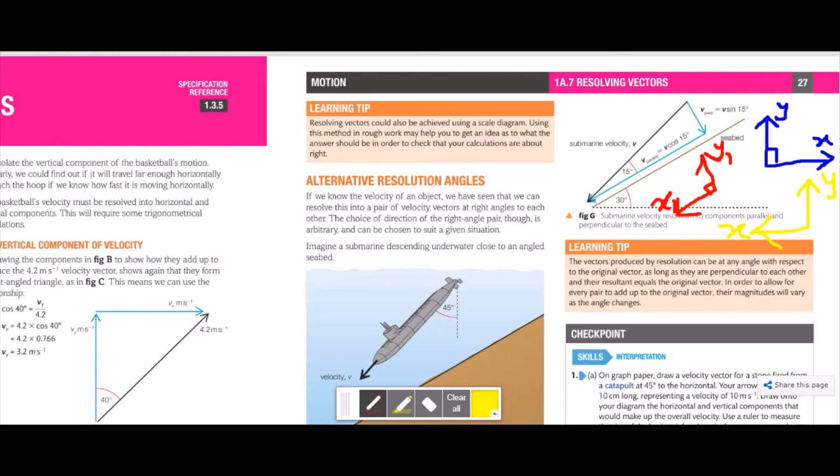However, the signs will be different for the x-axis, because with the blue axis, the positive direction is to the right, and for the yellow axis, the positive direction is chosen to be to the left. So what I'm trying to say here is, it really doesn't matter how you choose the positive direction. What matters is that you keep track of what is positive and what is negative, and your calculations should be consistent.